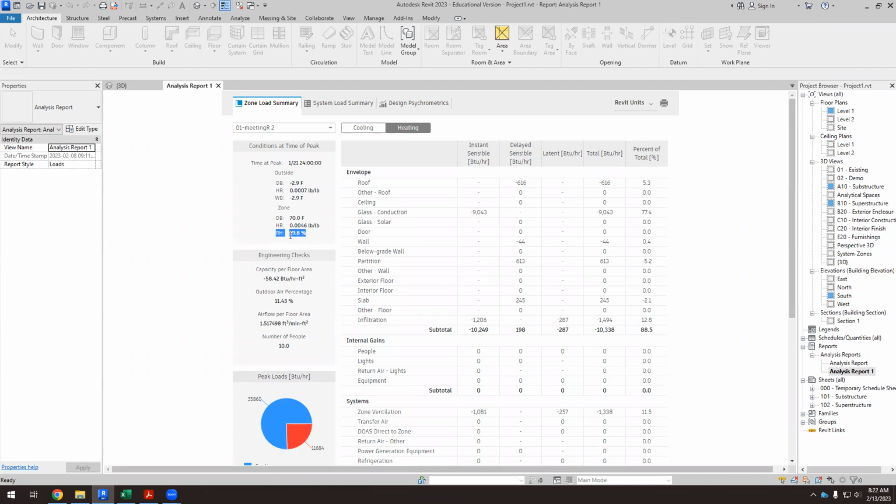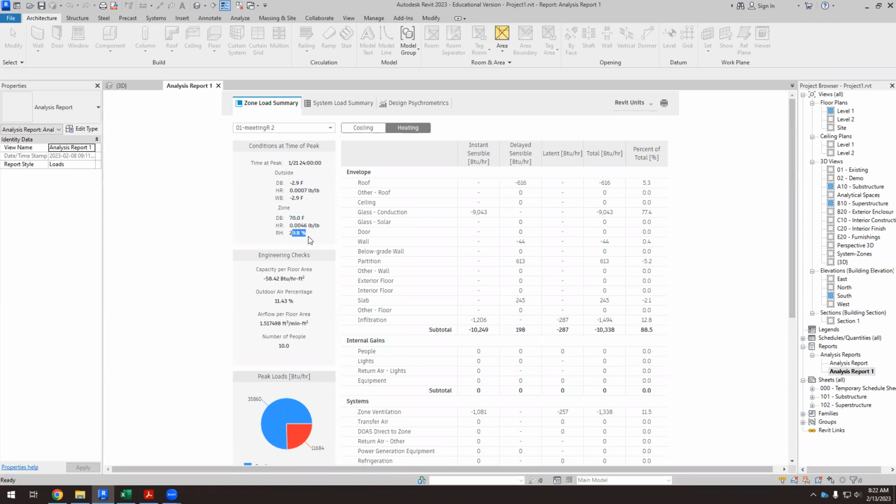We don't have information about the outdoor relative humidity, but we have the humidity ratio and the wet bulb temperature. So this is outside and this is inside. This is the zone, so we have 70 Fahrenheit and 29.8.